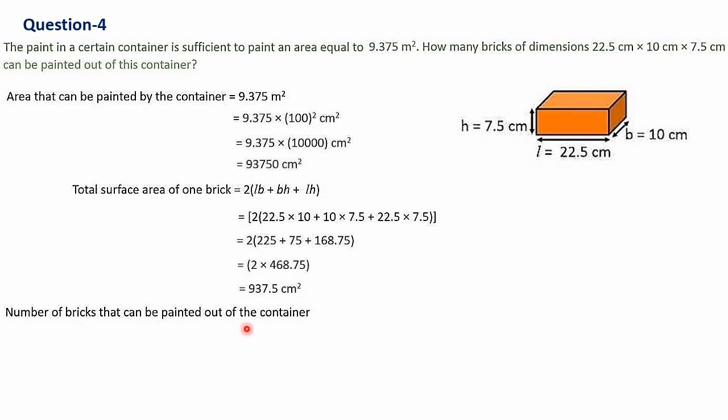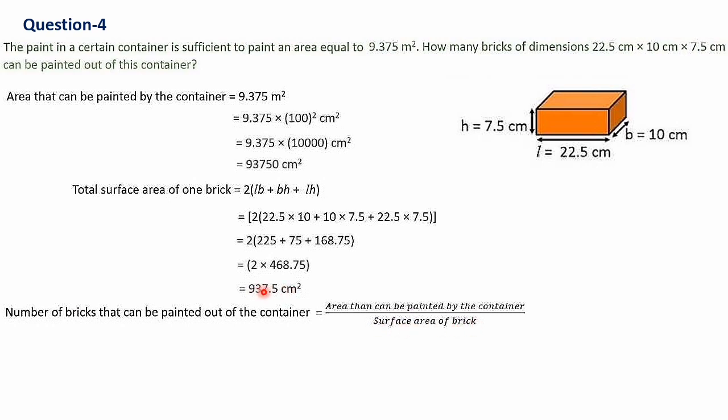So number of bricks, total number of bricks means here area is given to us. That is 937.5. That is area of one brick. And total area which can be painted by using the paint is 93,750. So number of bricks that can be painted out of the container is the area that can be painted by the container, that is this one, 93,750 divided by surface area of one brick.